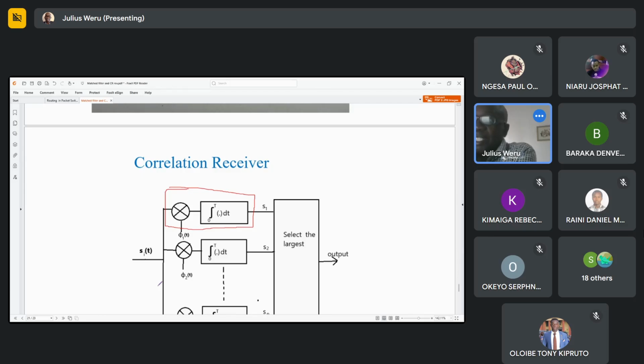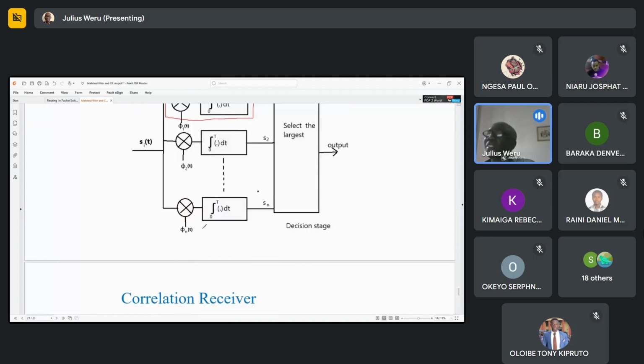Orthogonality just means if you multiply the two and integrate it, or rather if you take the dot product, you get 0. So that's how the correlator receiver works.